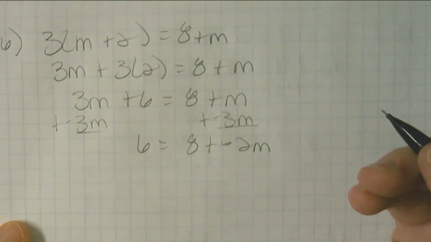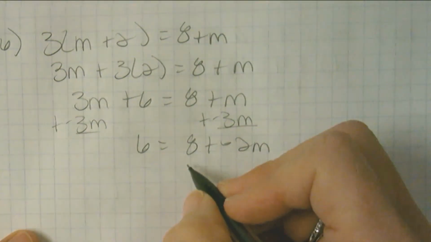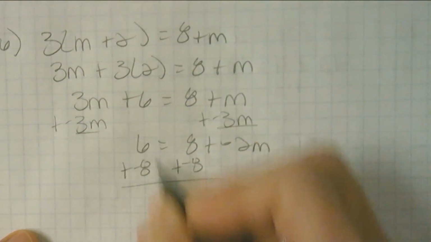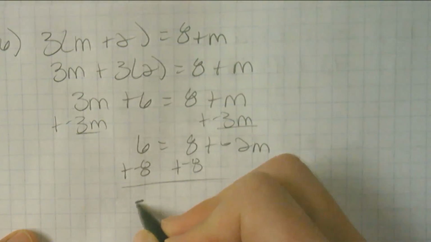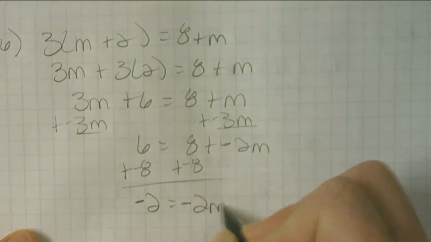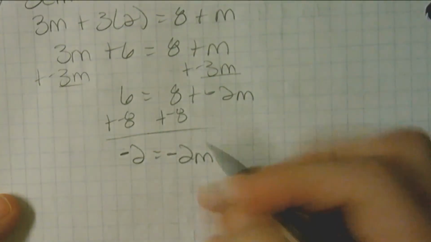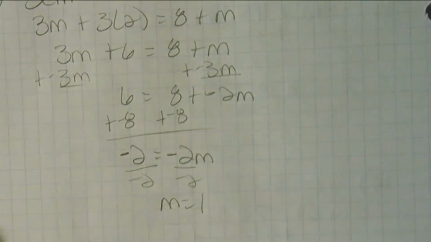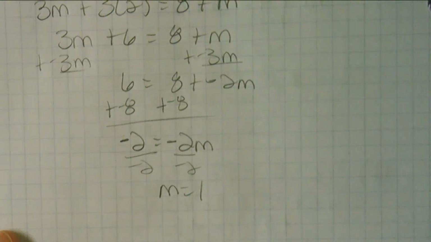That's okay, so tell me what to do from here. So I end up with a negative 2 is equal to a negative 2m. And m is equal to a positive 1. Yes? You're not asking me to do another one? Okay.